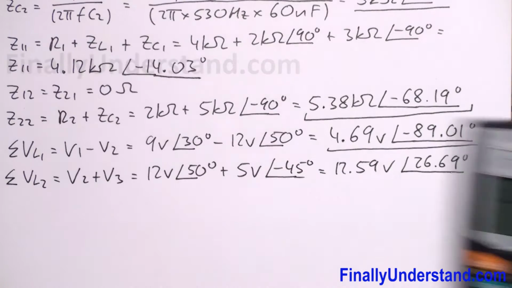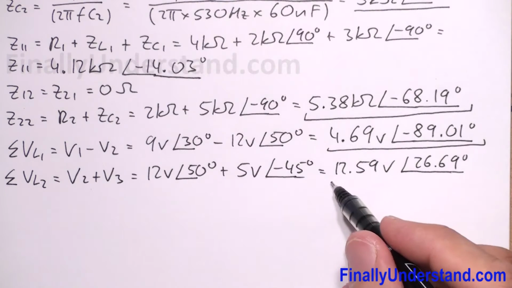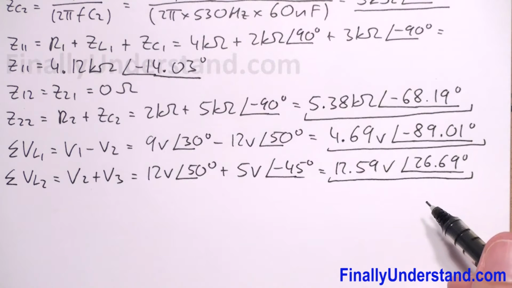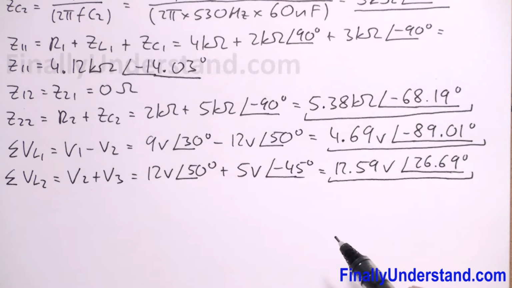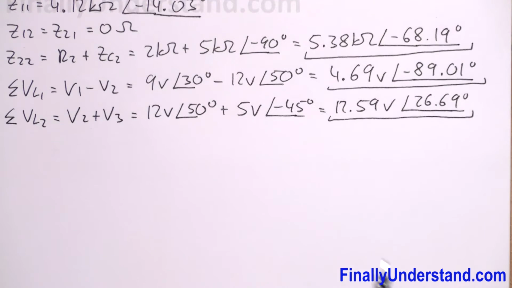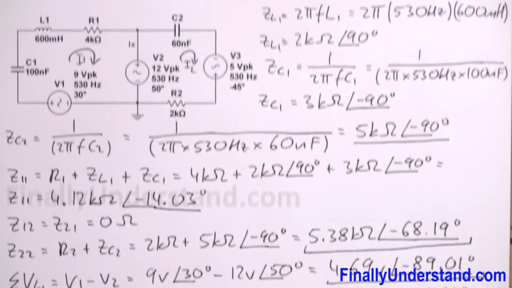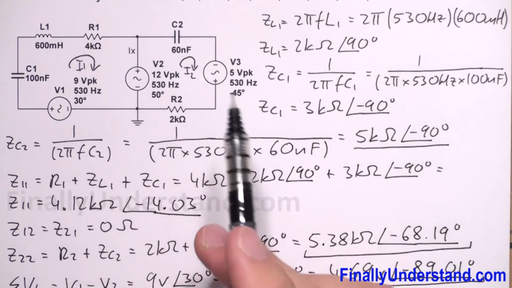Okay, so this is my sum of the voltages in loop 2. So now we can say that we are ready to write the mesh equations, because we have two loops, we are going to have two equations.